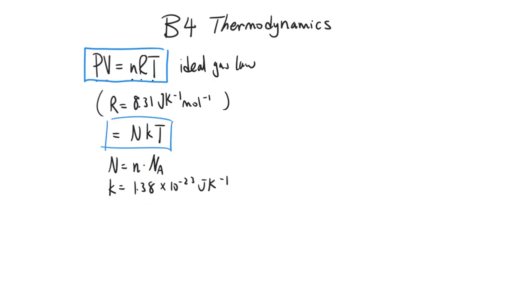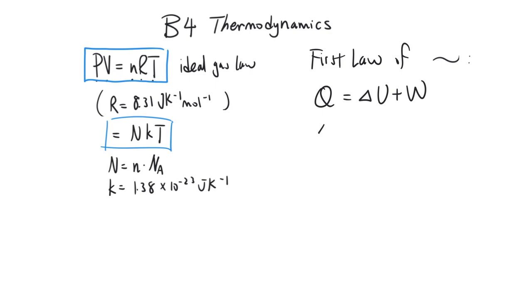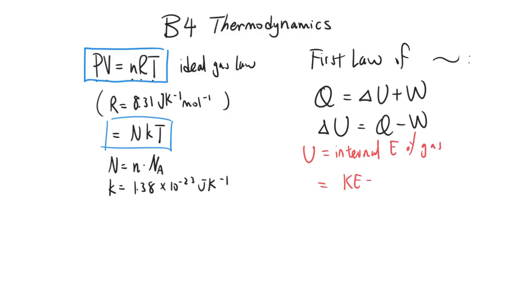The other thing is the first law of thermodynamics. So the first law of thermodynamics states that Q equals delta U plus W, or my favorite version is delta U equals Q minus W. Now, U is the internal energy of a gas, and that consists of all the kinetic energies and potential energies of the gas.